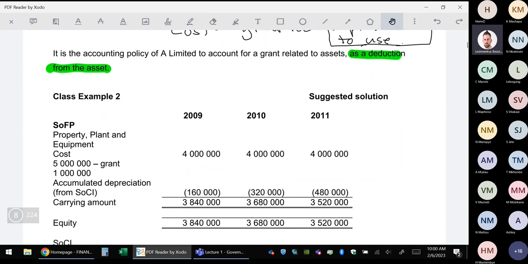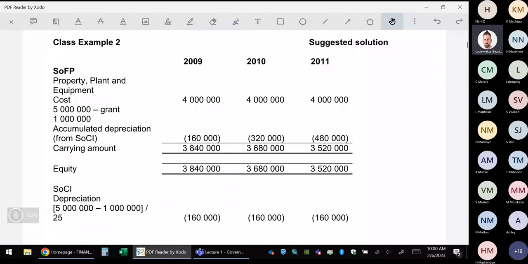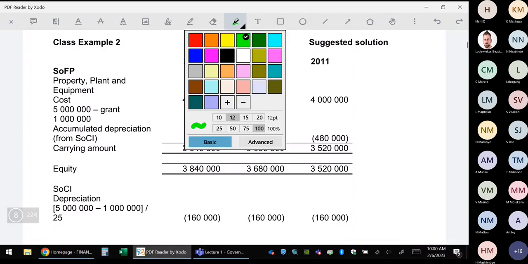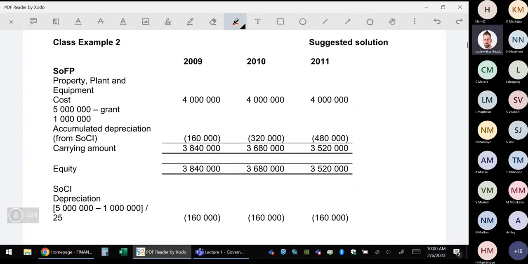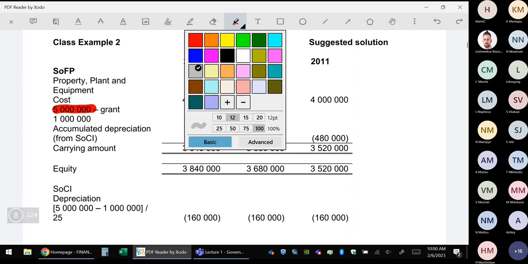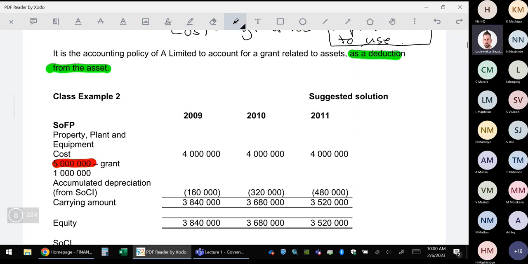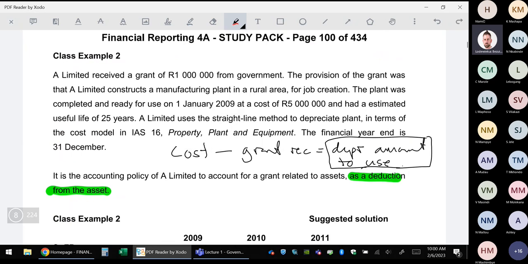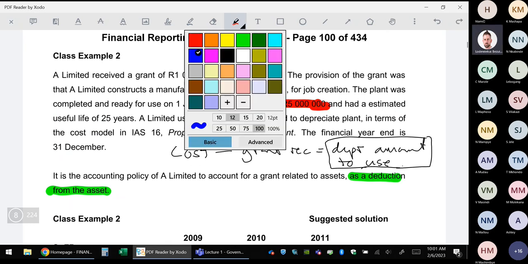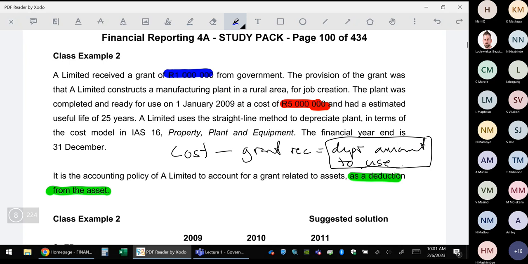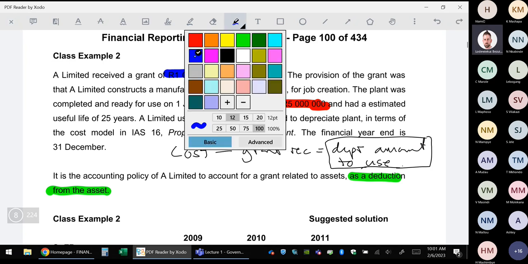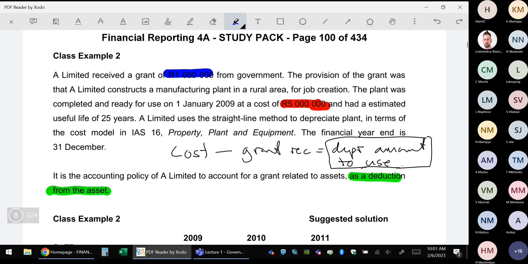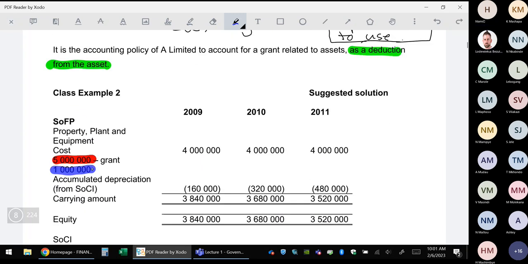So here you will see, now we have the cost of 5 million, less the grant. Can't remember what color we use now. Let's just use the colors on this one. Red is the cost. Grant is a million.